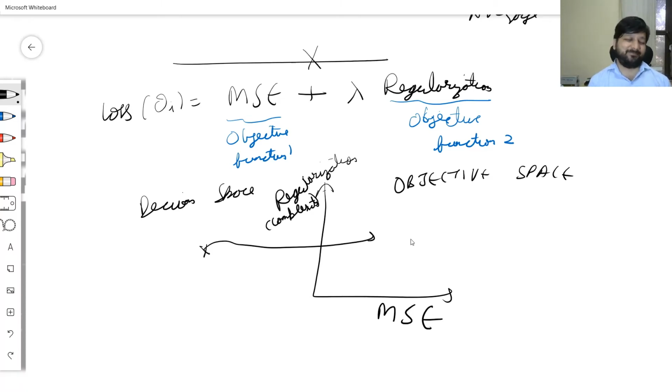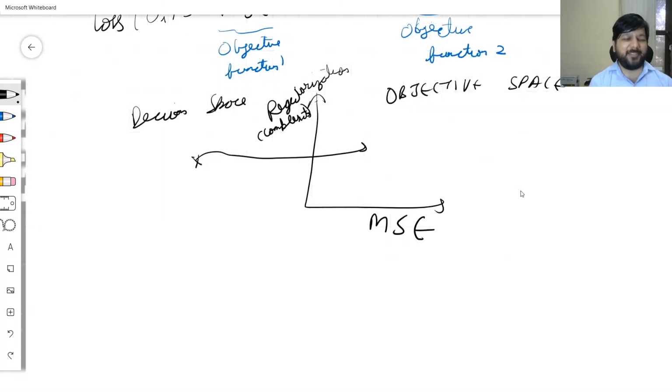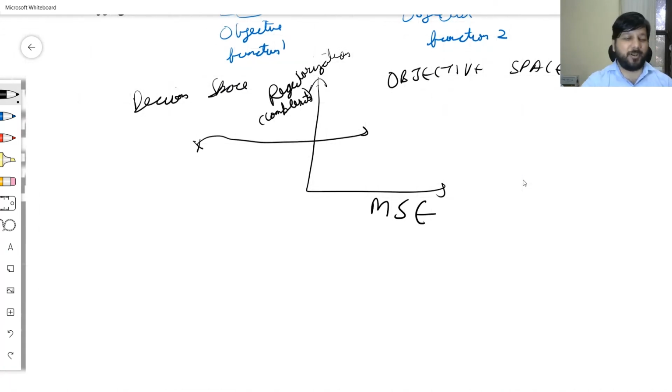Let's establish if this is a valid problem, or if mean square error and complexity or regularization have a natural trade-off between each other. If that is the case, then that will be an interesting thing to do, and I will take it up.